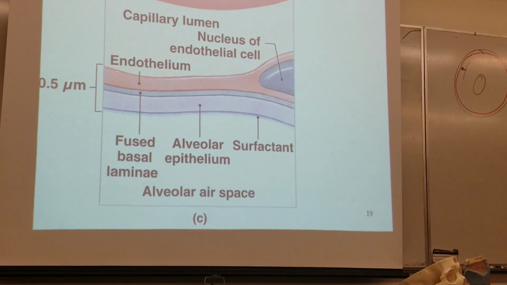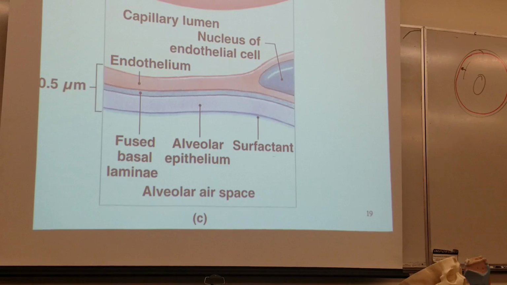The cell membrane. What is this? That's blood, right? So all this yellow stuff would be what? Plasma. What's this big red thing up here? That's a red blood cell. And what do red blood cells have? That endothelial cells have? That alveolar epithelium have? Cell membranes.